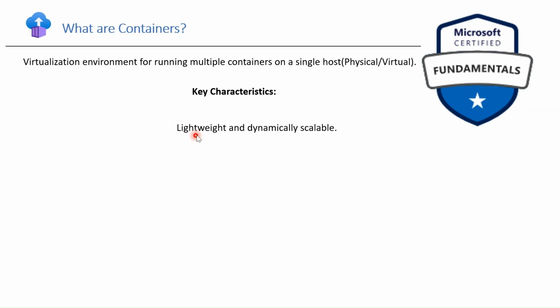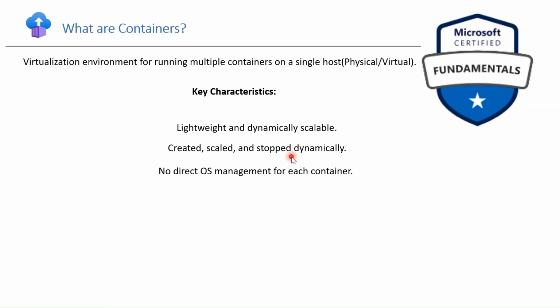They just have binaries, libraries, and application code running in them. They can be created, scaled, and stopped dynamically, so it's very easy for them to be created. And there is no direct OS management for each container, as the OS is not running on the container itself. There is no need for us to manage the OS.